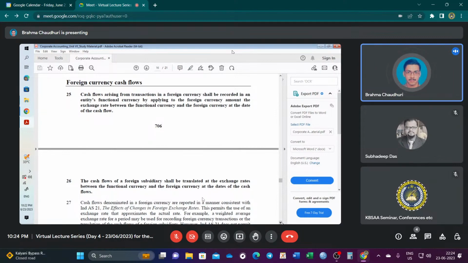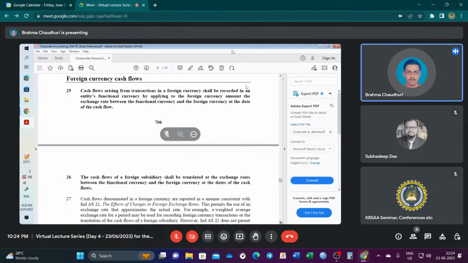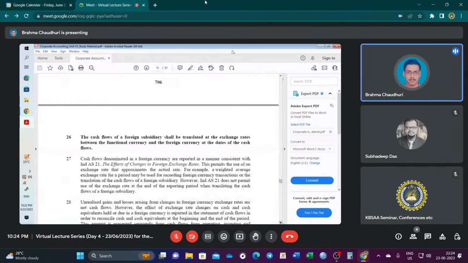So on the date the particular transaction has occurred, whatever foreign exchange rate is applicable on that date has to be applied, and then the cash flows arising from the transaction in the foreign currency will be recorded. Similarly, cash flows of a foreign subsidiary shall be translated at the exchange rates between the functional currency and the foreign currency at the dates of the cash flows.